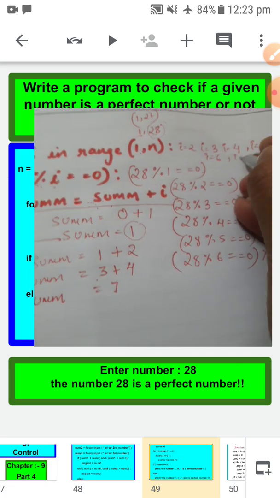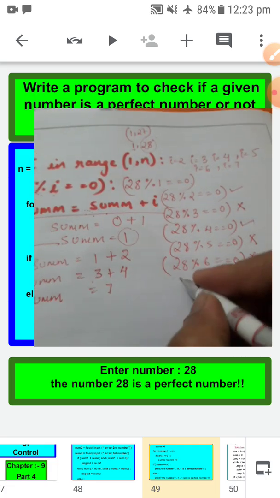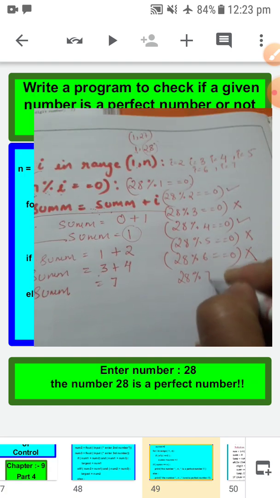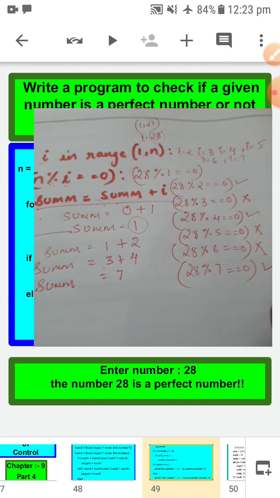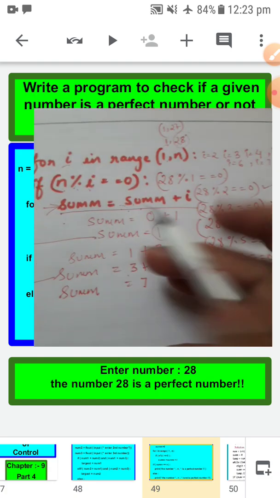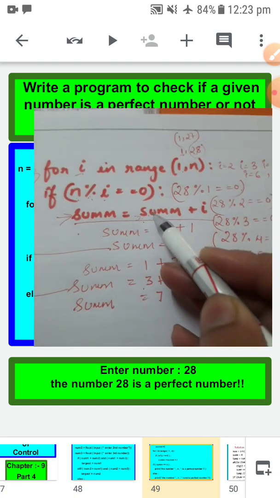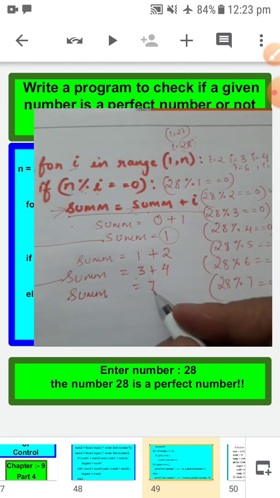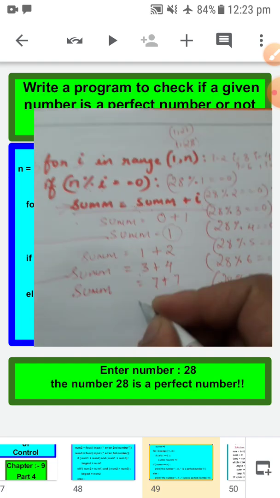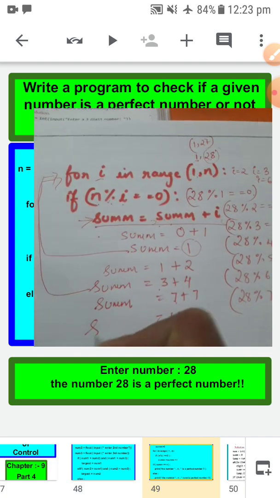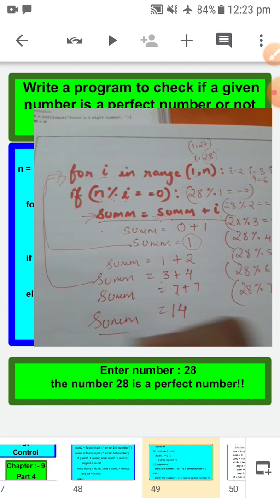I is 7. Okay, 28 mod 7 equal to 0. You will get true. So again this statement allows you to enter inside. Now again sum plus I, sum is 7, I is also 7. You will get 14. Sum is equal to 14 now.